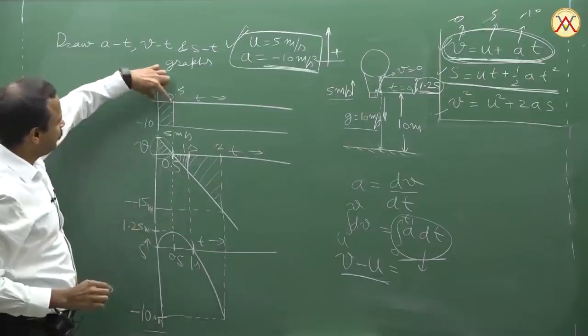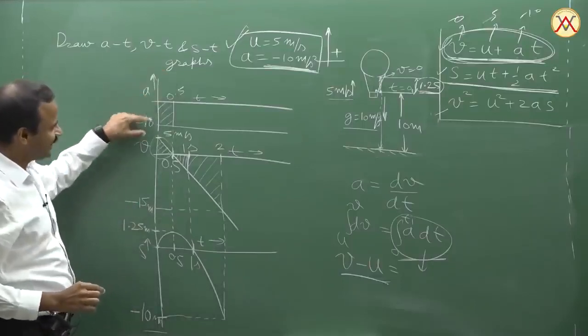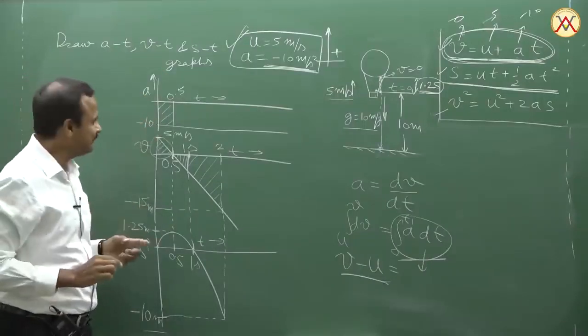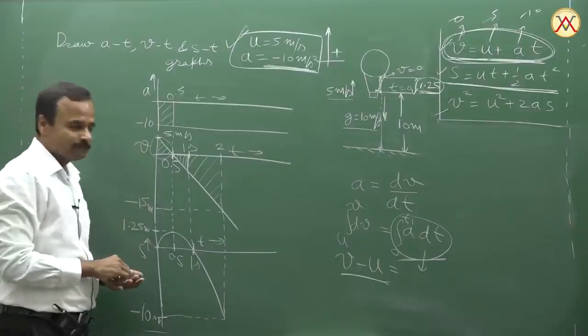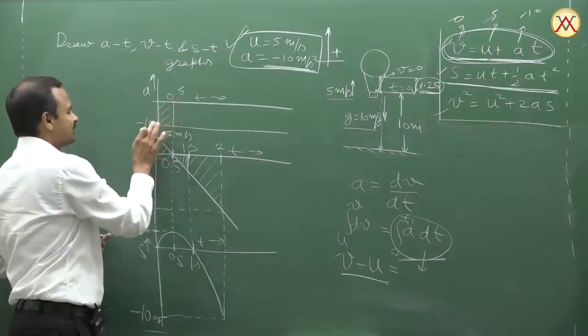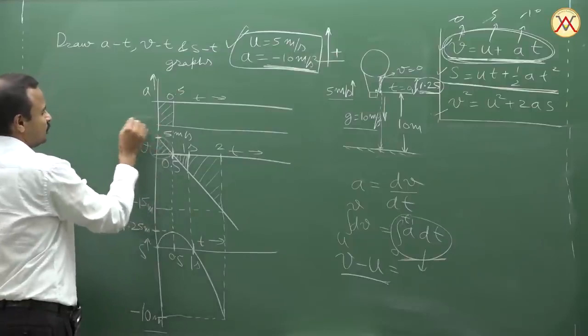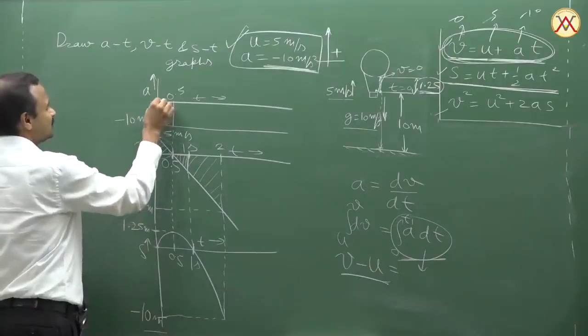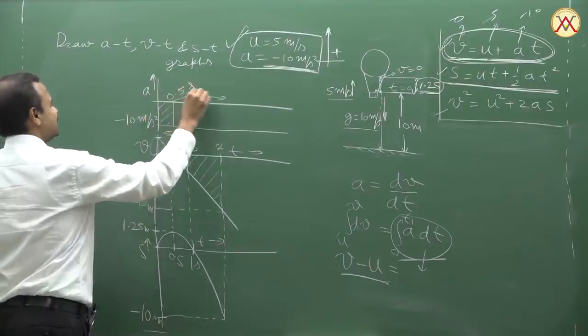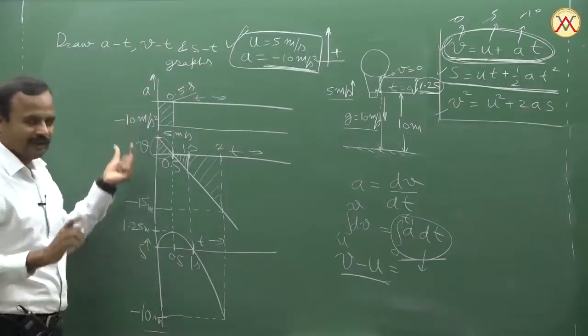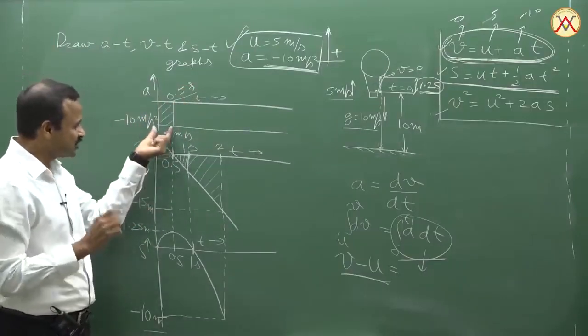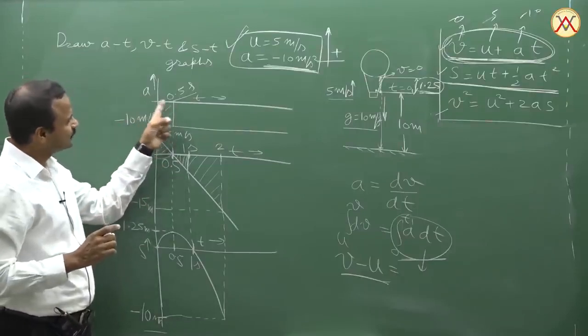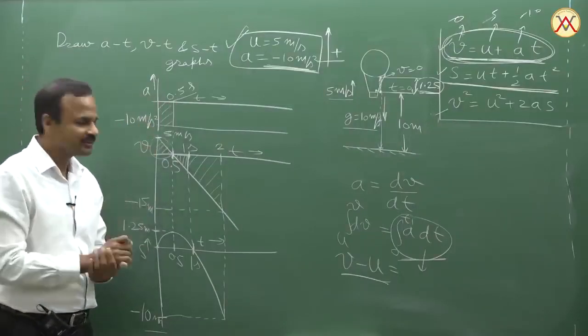You can see 0.5 times minus 10, it is minus 5 meter per second. See, for the unit of area, you can also see this is minus 10 meter per second square, multiplied by 0.5 seconds, this will become minus 5 meter per second. So that is the change in velocity for this duration of 0.5 seconds.